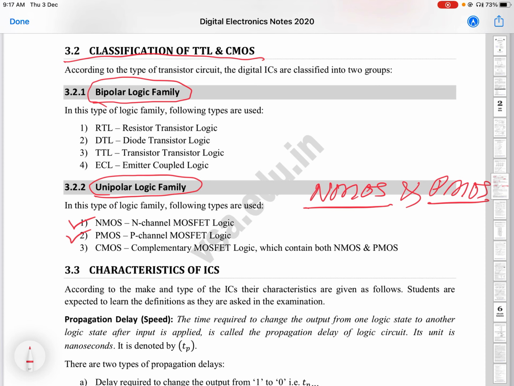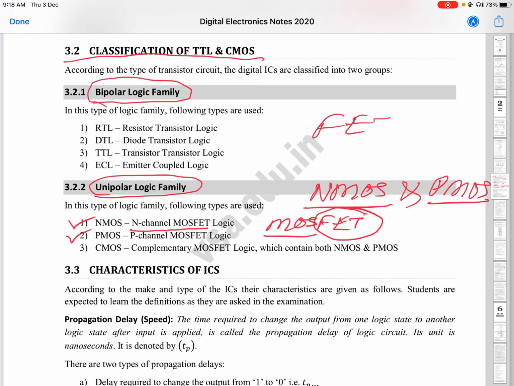So NMOS stands for N channel MOSFET or simply negative MOSFET or MOS. Now here again the word is MOSFET. MOS stands for metal oxide semiconductor and FET stands for field effect transistor.